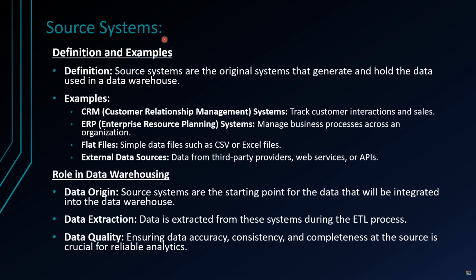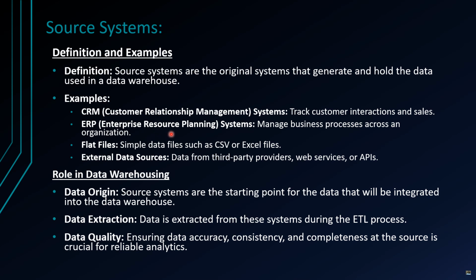So, moving on to the source system. What is a source system? Source systems are the original systems that generate and hold the data used in the data warehouse. Examples are customer relationship management, enterprise resource planning, flat files and external data sources. The customer relationship management system tracks customer interaction and sales.